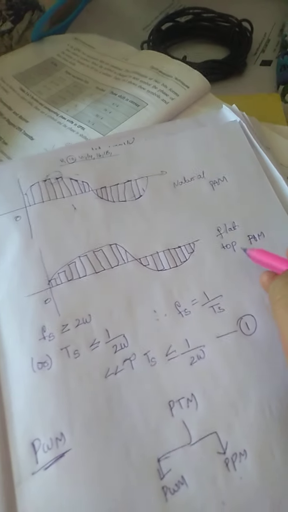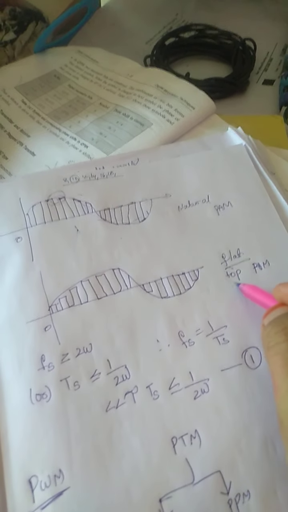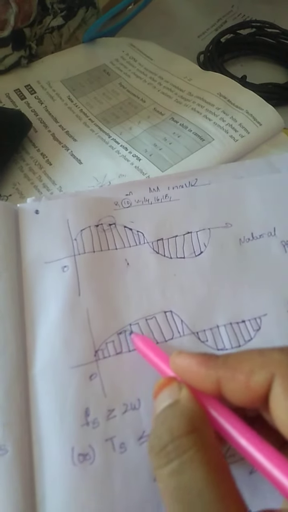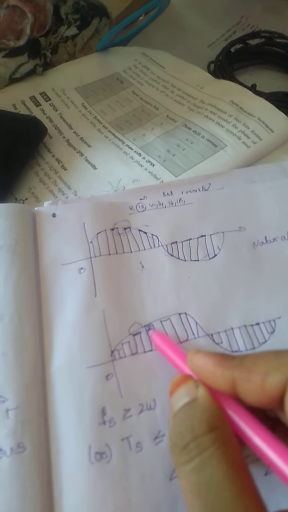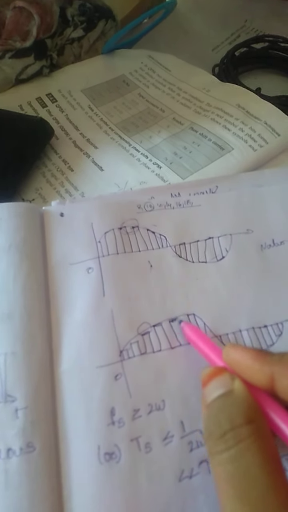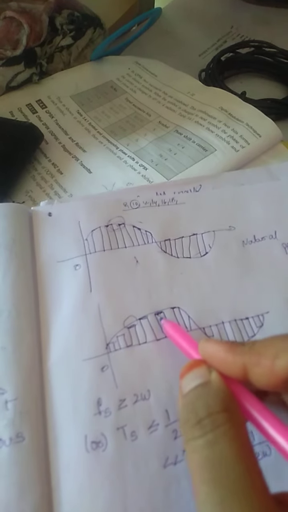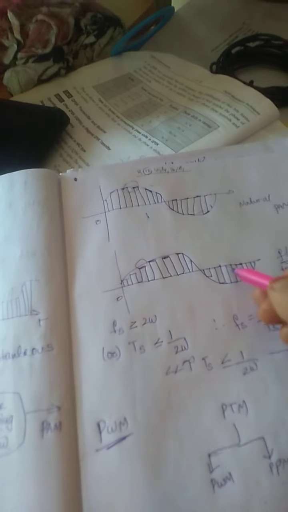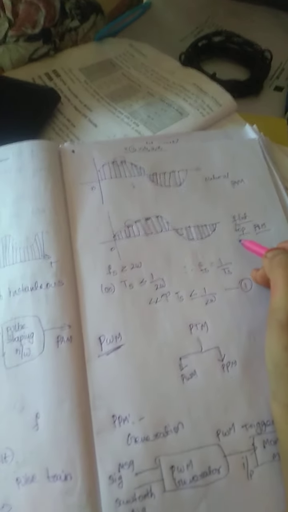But if we want the flat top PAM, it is nothing but the edges will not be bending. It will give sharp edges, but it will be within the amplitude only. Sometimes it may come out slightly distorted, which we can reduce by using other filtration techniques.